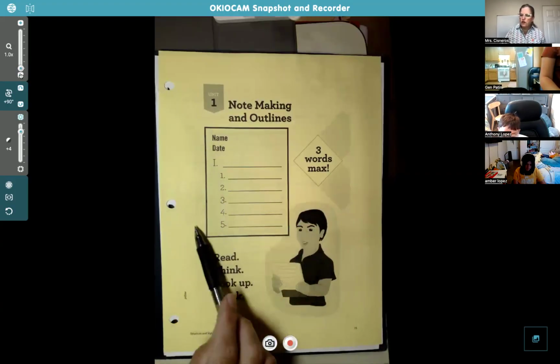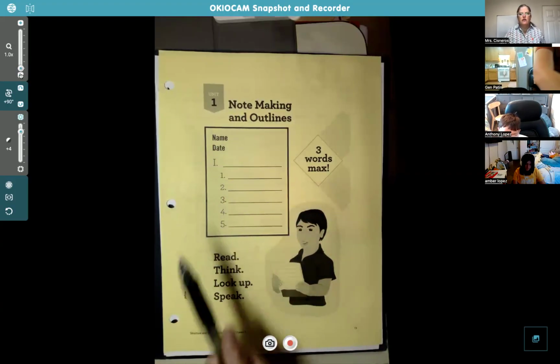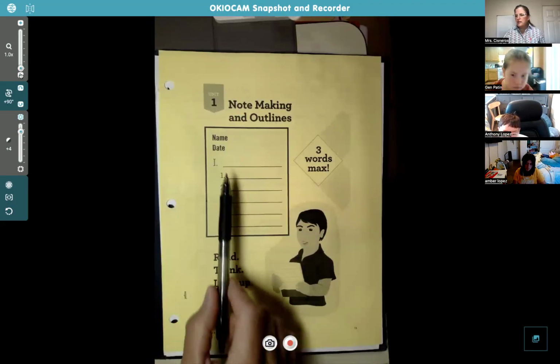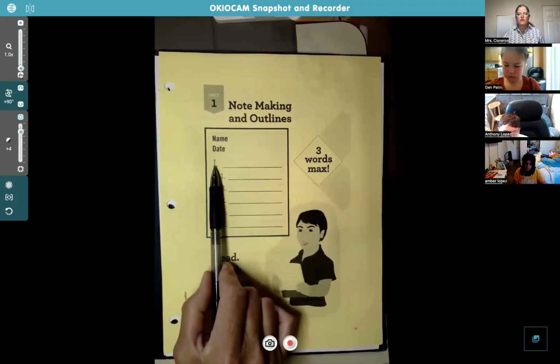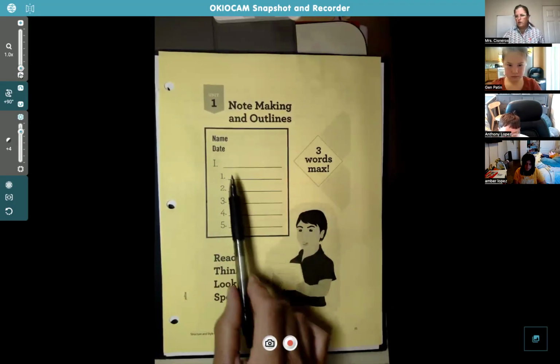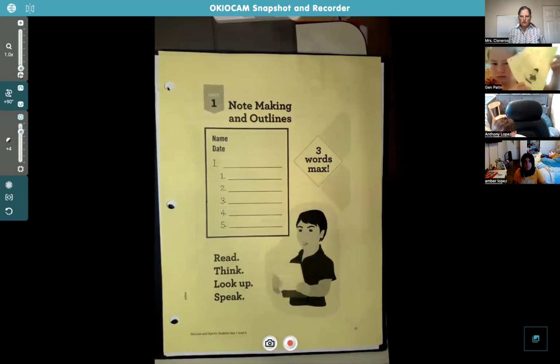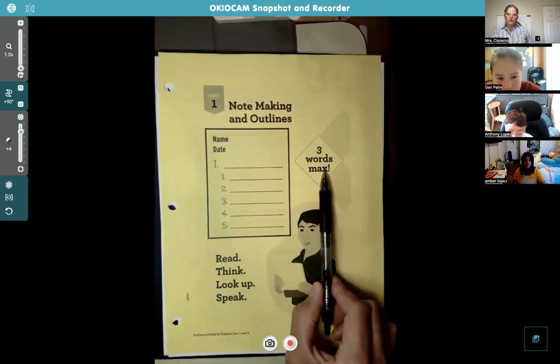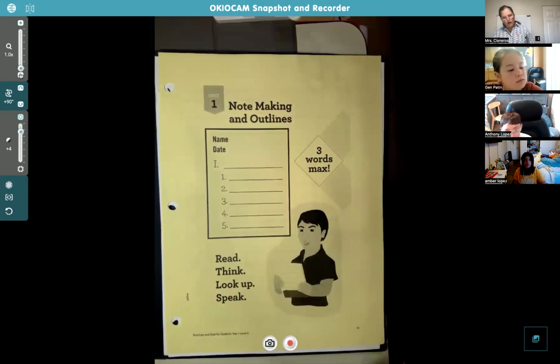And here's a picture of an outline. An outline has words and numbers on it. And you're going to see a Roman numeral 1 here, and we're going to talk about that later, but you're going to see 1 through 5.